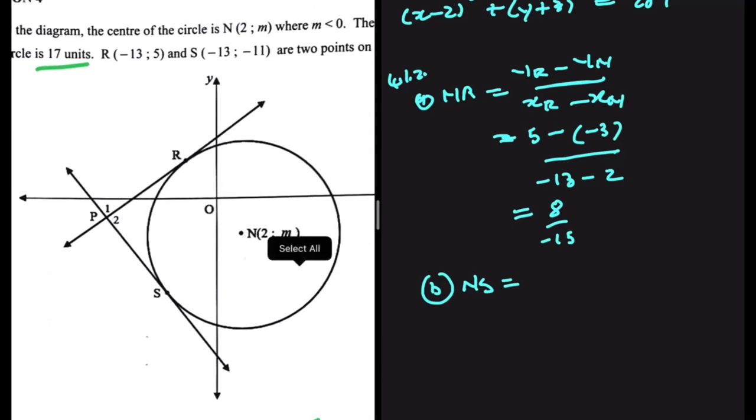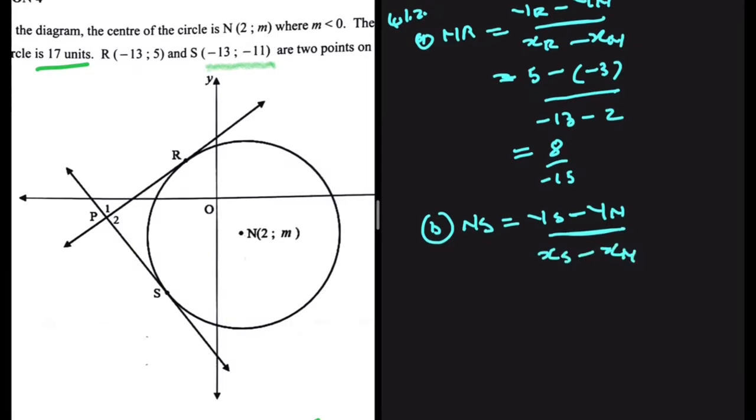NS, do we have the coordinates of S? Yes, we do. Here they are. They're given to us in our problem statement. So we're going to have y of S minus y of N divided by x of S minus x of N. What is y of S? That is minus 11, minus y of N, which is minus 3.